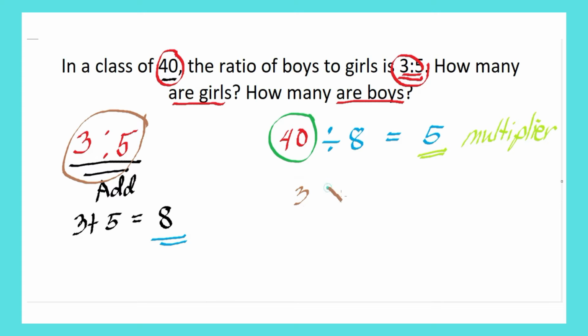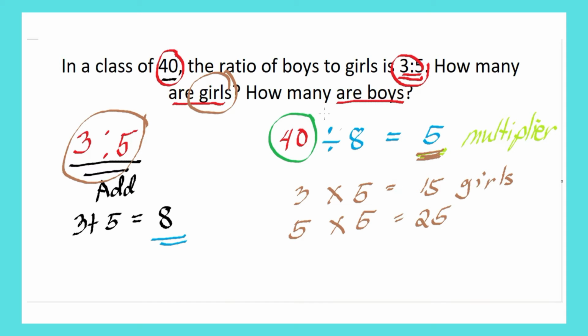So 3 times our multiplier, which is 5, and 5 times our multiplier, which is also 5. You're just going to get the product there, which is 15, and here is 25. So 15 is for girls because it comes first, and 25 for boys, which comes second.